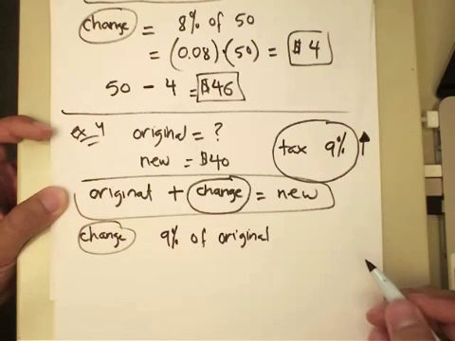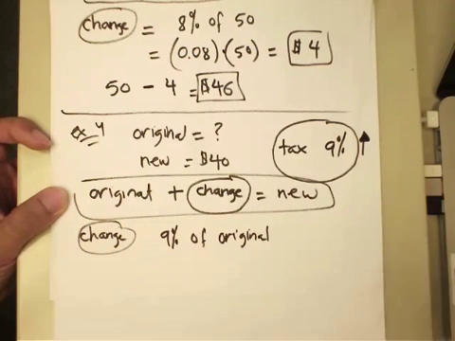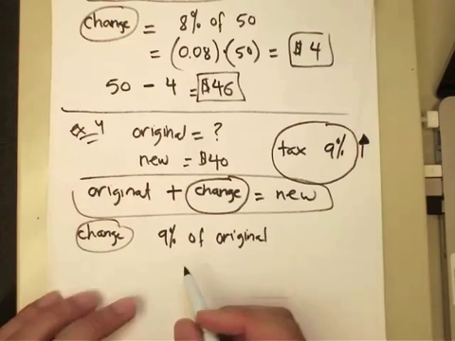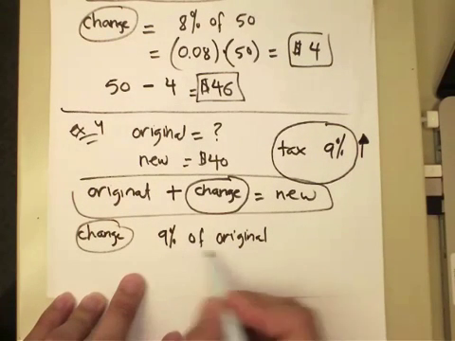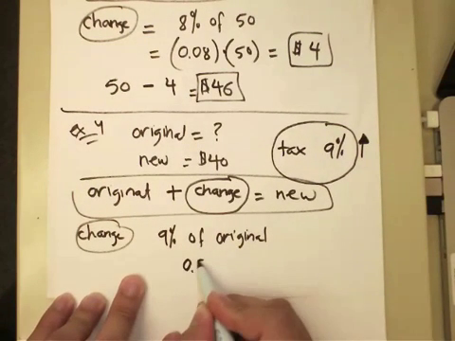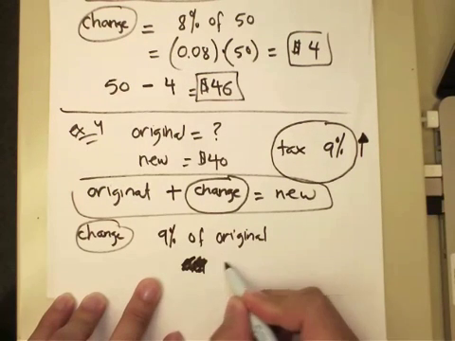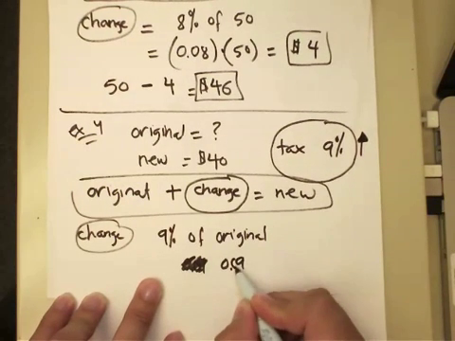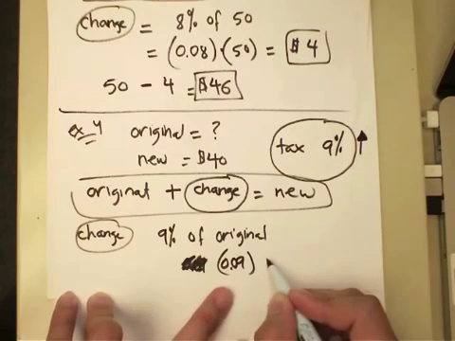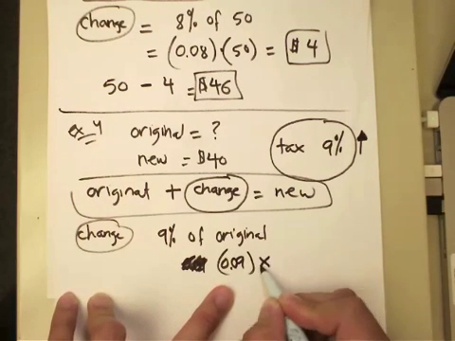Now this time, since we don't have the original, we have to figure out, well, how are we going to do something like that? Well, let's do this. 9% as a decimal is just 0.09. So let's rewrite that again. 0.09 times the original. We don't know the original, so let's call that x.